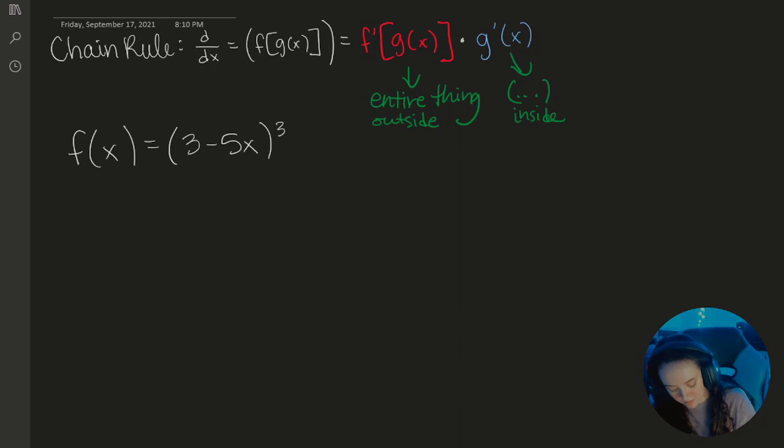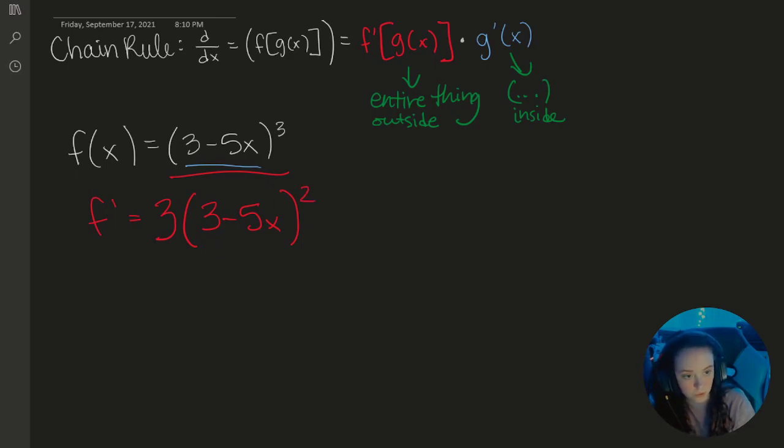So remember, our entire thing is going to be what we use for red and only what's inside for the blue. So our red, we move our exponent. So f prime equals 3 times, we leave the rest alone, 3 minus 1 is 2.